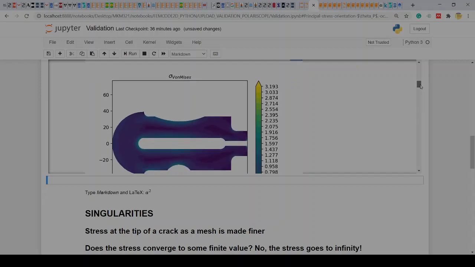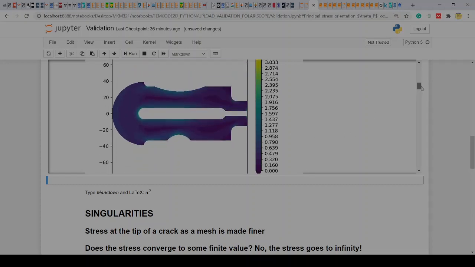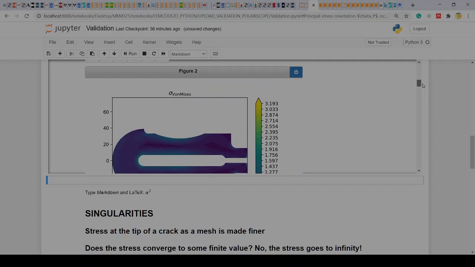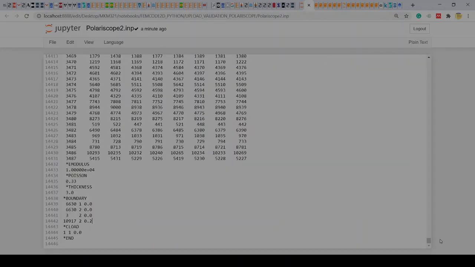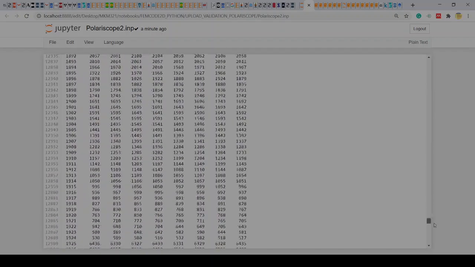Anyway, the bottom line is, if I look at the von Mises stresses here, the stresses are quite low, but it goes from 0 to 3. It should be MPa, and I'll tell you why I say MPa. So let's just go back to this. This is prescribed displacement, so this is millimeters, thickness in millimeters. All of these coordinates, 57, 26, it's all millimeter descriptions that we've given here.